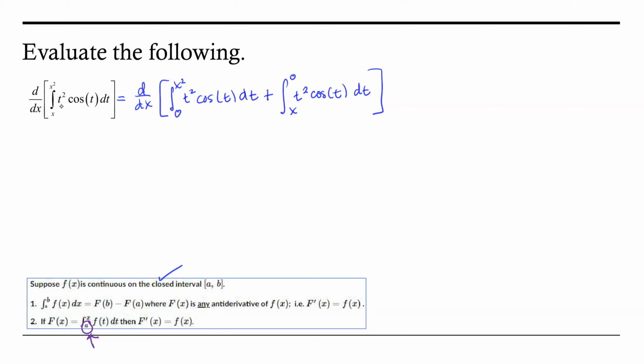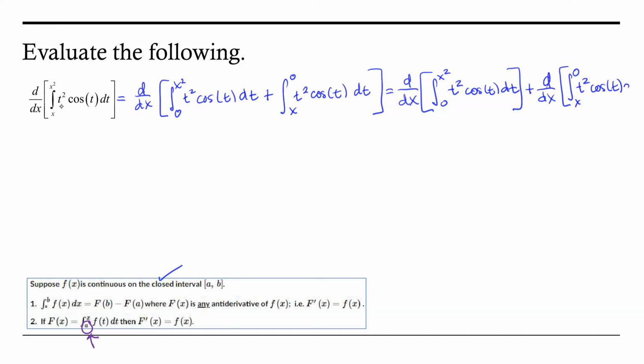Next, we'll use the idea that the derivative of a sum is the sum of the derivatives. That means I can rewrite this as the derivative with respect to x of the integral from 0 to x squared of t squared cosine of t dt, plus the derivative with respect to x of the integral from x to 0 of t squared cosine of t dt.